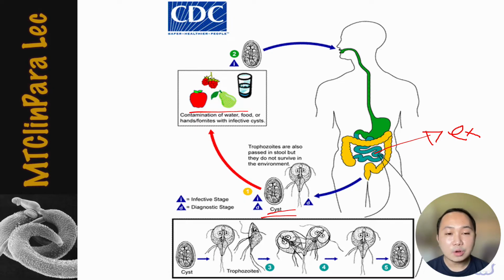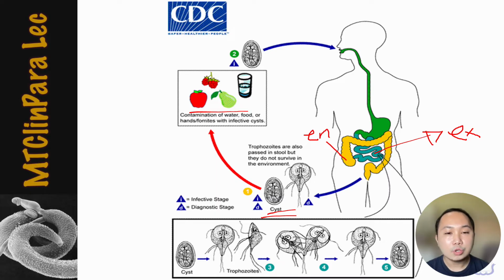So that is the main pathology of our parasite, no? This is where the competition for nutrients against the host happens. Sometimes or most of the time, the host exhibits malnourishment, especially in chronic stages of this particular parasite. After a while, once the trophozoites travel down to your large intestine, the yellow one here, they will exhibit encystation.